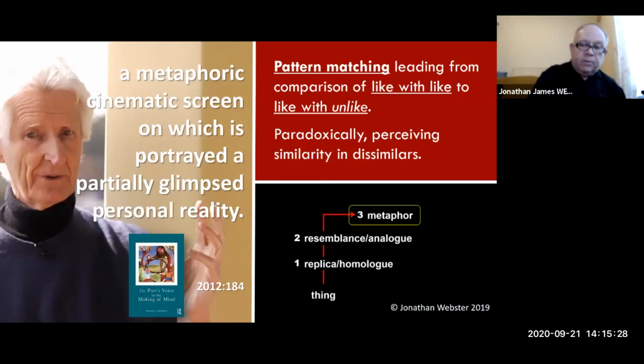Pattern matching leading from the comparison of like with like to like with unlike. Paradoxically, again, it's paradoxical. You are perceiving similarity in something that is dissimilar. You're finding a similarity in something that is completely dissimilar. That's the metaphorical.